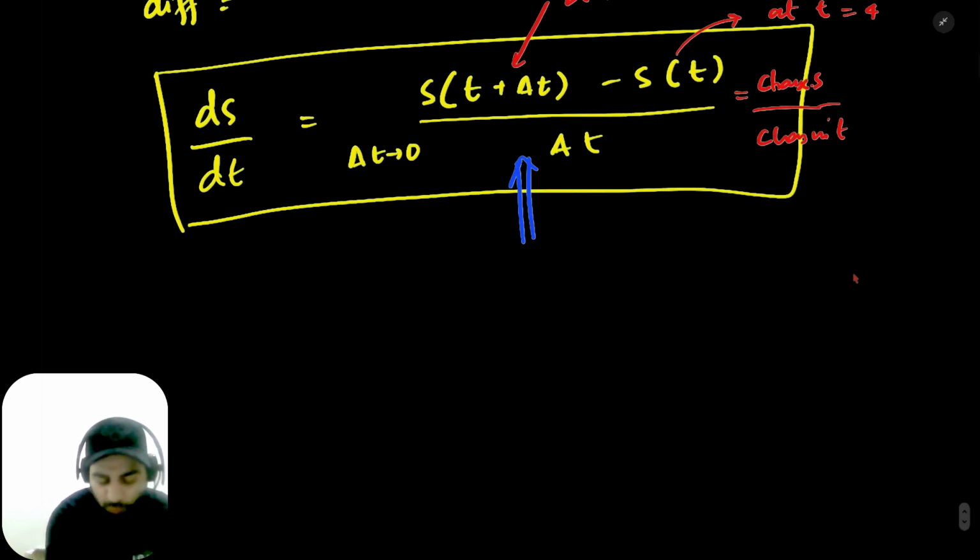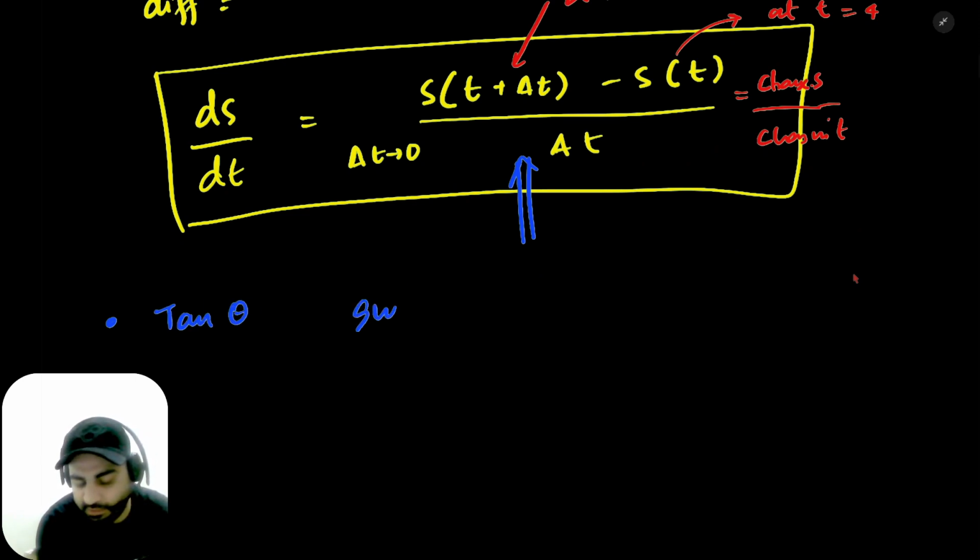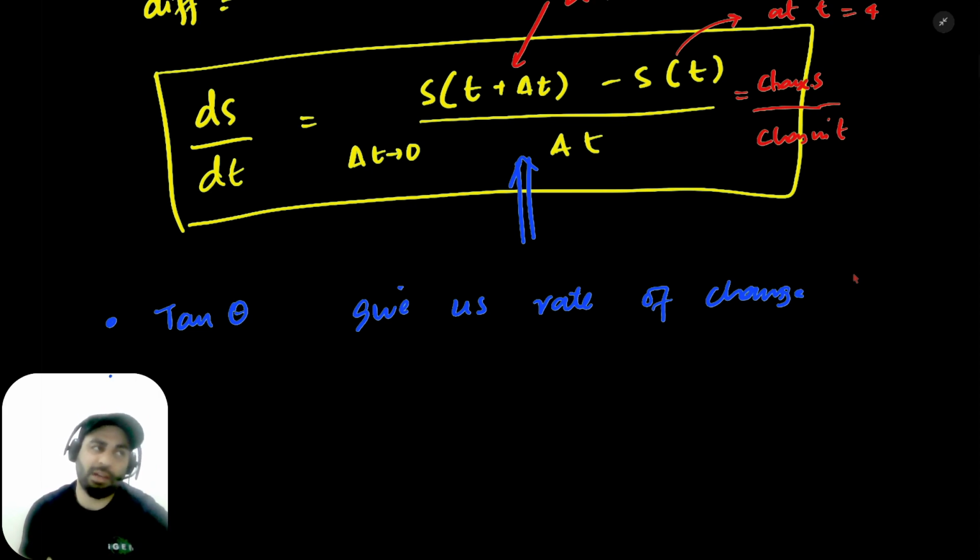So there are two important things to remember. Tan theta gives us rate of change, and this rate of change is really important. Why is it important? There are a lot of problems where you want to see the rate of change, how much things are getting faster and how much slower. Let's suppose you're learning something, what's the rate of your learning?